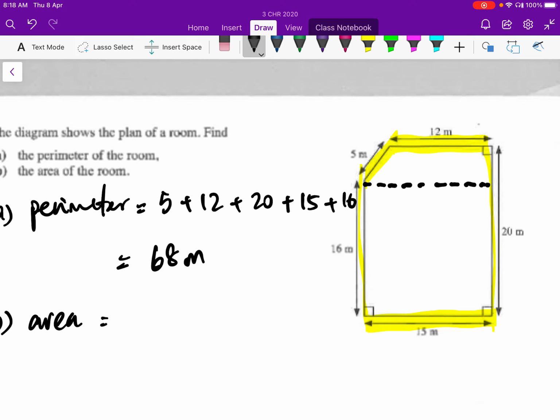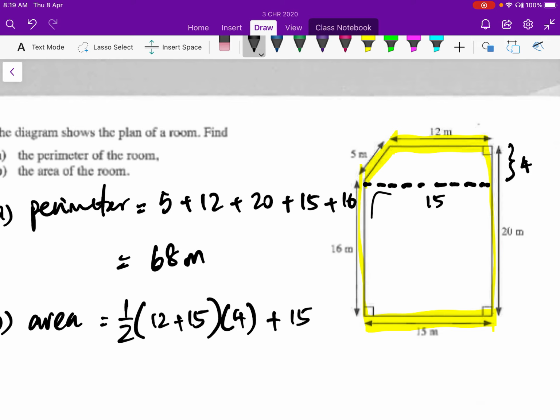So the area for the trapezium will be half times the sum of the parallel sides, which is 12 plus 15. Because this is 15 and this is now 4. That is our perpendicular height. Plus 4. Then you add 15 times 16.